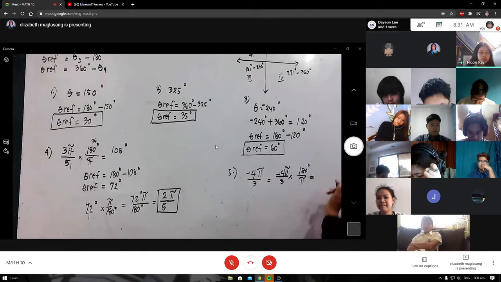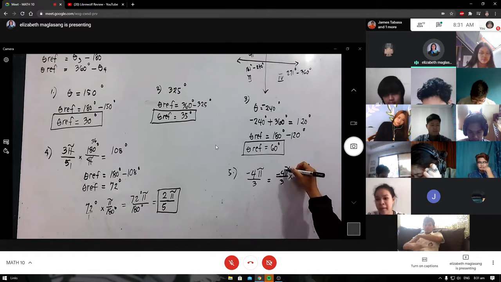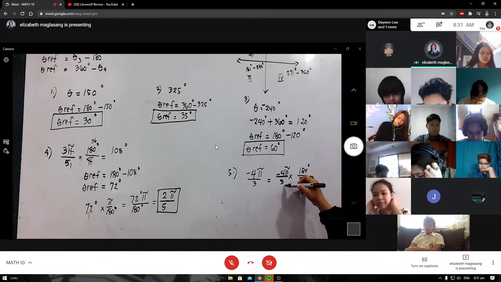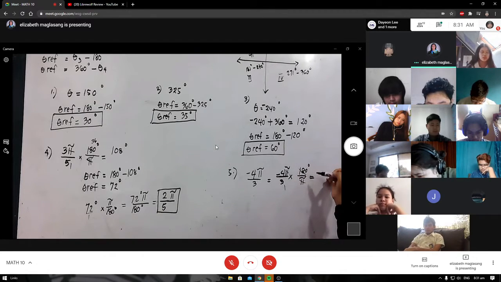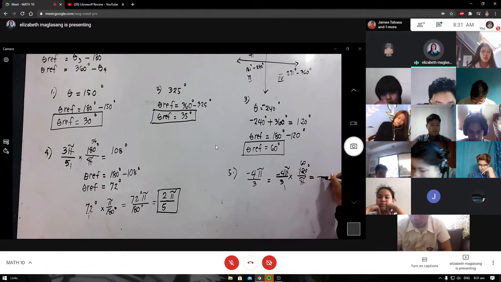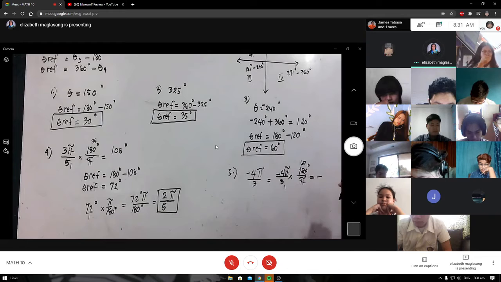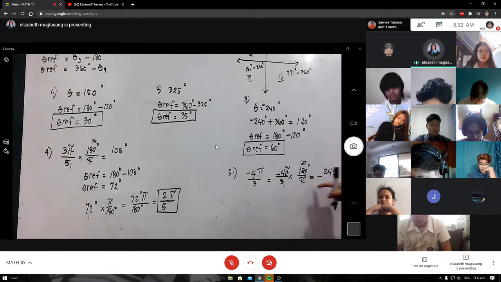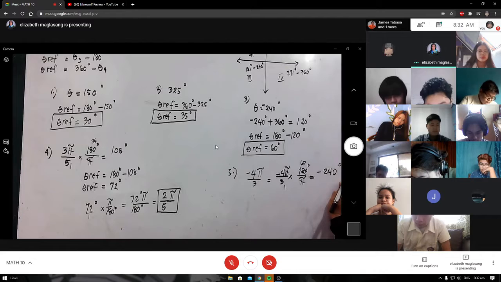Cancel the pi. And then let's divide this one. How many 3 in 180? 60. 60 times negative 4 is negative 240 degrees.